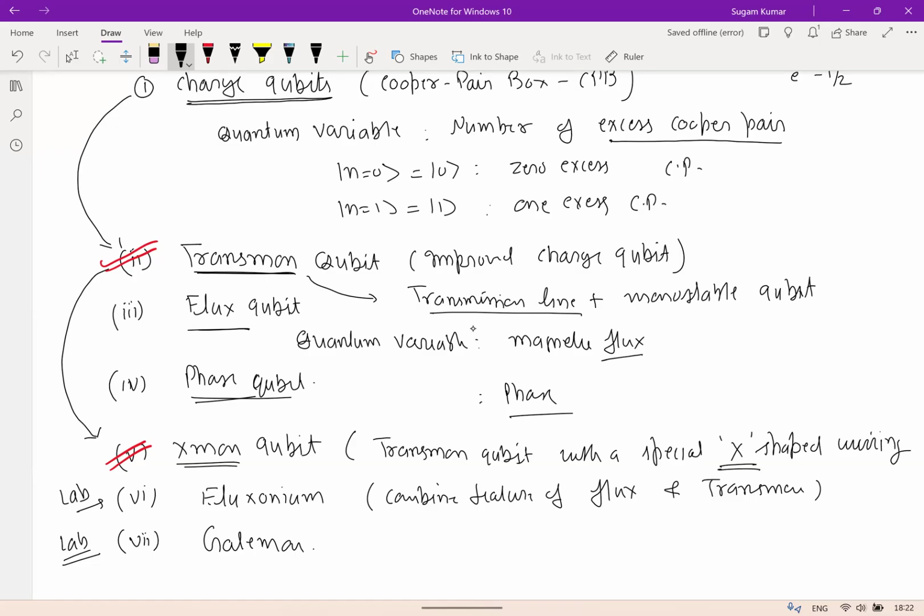Maybe if we get time, we will try to see what is meant by this X shape. Because of this X-shaped wiring, it got the name xmon. It is of course a transmon qubit, so mon is still there, but because of X, it got the name xmon qubit.